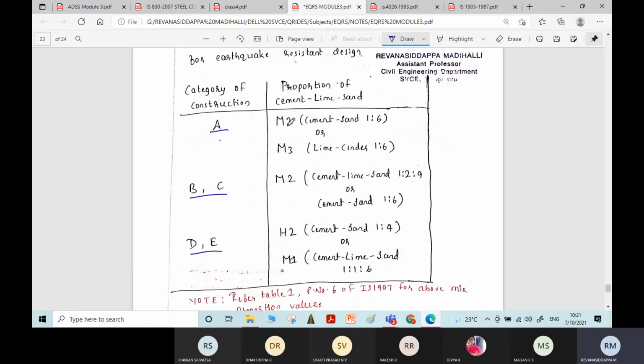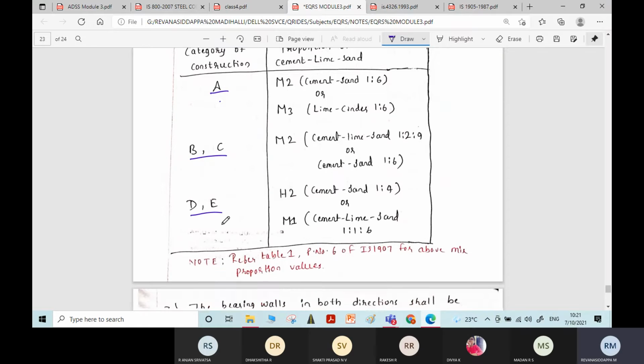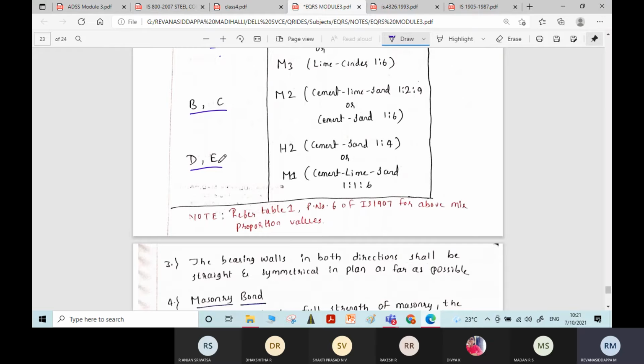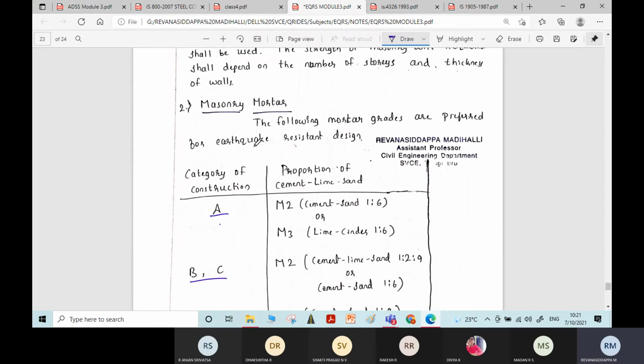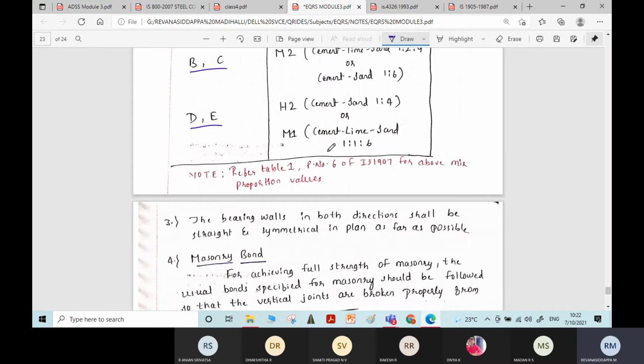The standard mixed proportions for M2 and M3 are given in the IS 1905 code book. If the building falls in category B or C, then the M2 mixed proportion is preferred. If the building falls in category D and E, H2 and M1 mixed proportions should be used. So this is the guideline with respect to the masonry mortar.